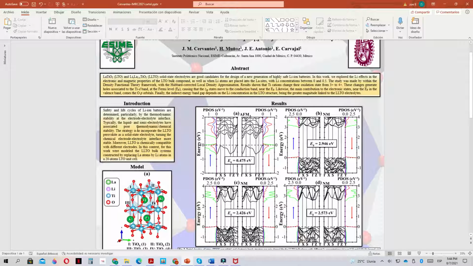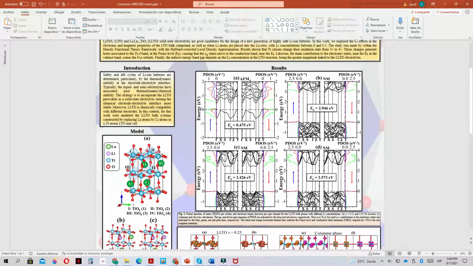Moreover, LiLaTiO is chemically compatible with different electrodes. In this context, for this work, we modeled the LiLaTiO bulk system constructed by replacing lanthanum atoms by lithium atoms in a 20-atom LTO unit cell.